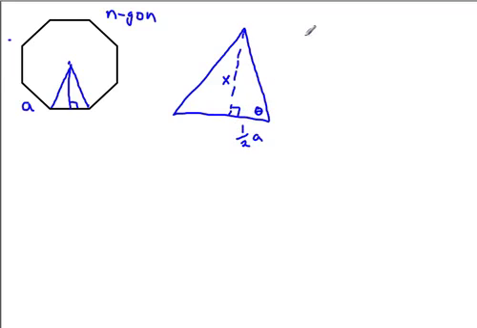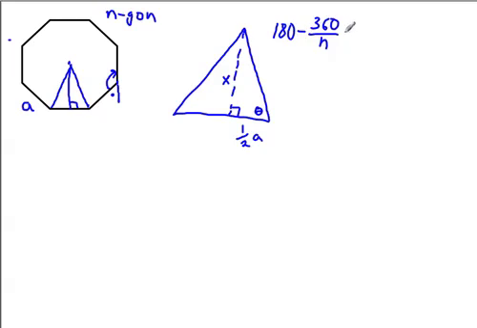If we have an n-gon, then the measure of any exterior angle is going to be 360 divided by n. That's how you find the measure of an exterior angle of a regular polygon. If you want to find the interior angle of a regular polygon, you have to take 180 minus 360 over n to get this angle.